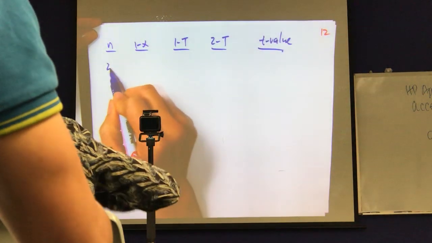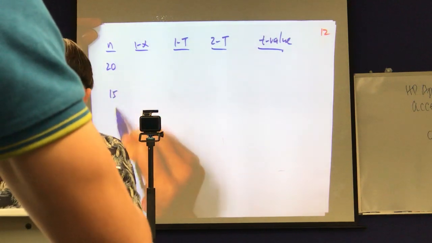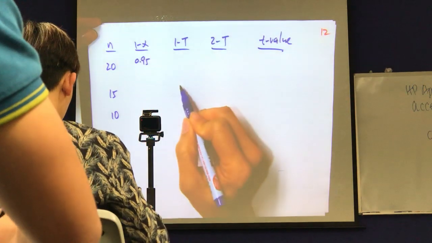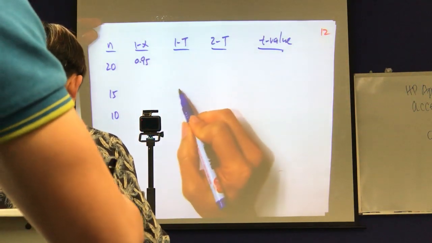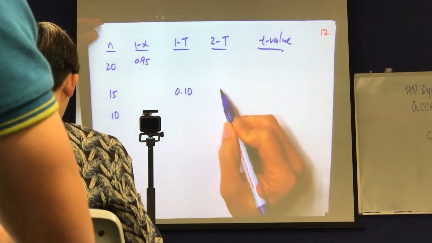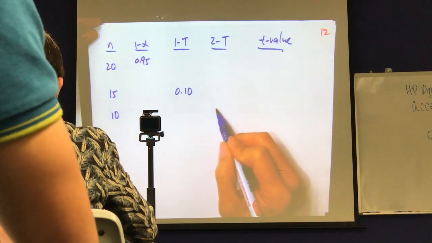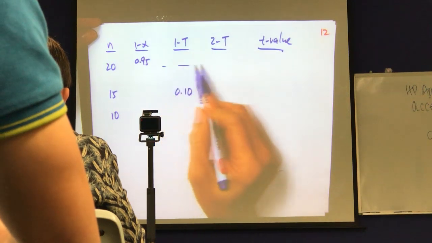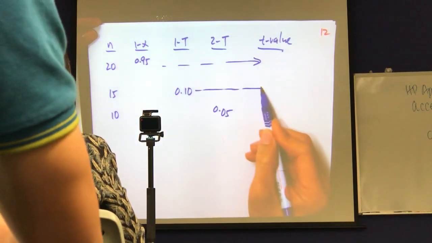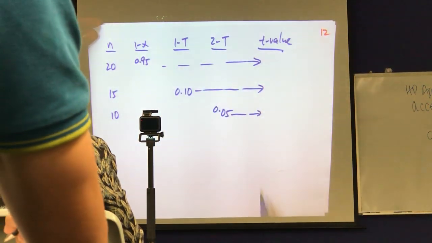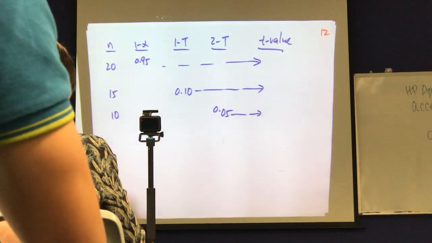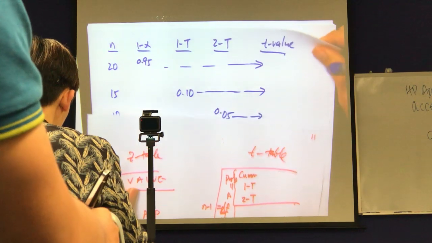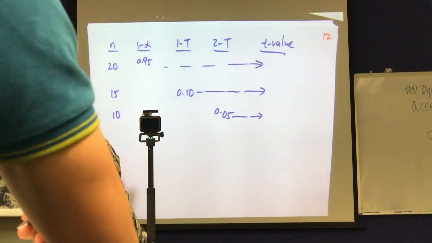Let's try: this is 20, this is 15, this is 10, and this is 0.95, this is 0.10, this is 0.05. What is the T value here? Let's look at this table. Let's write down here first.